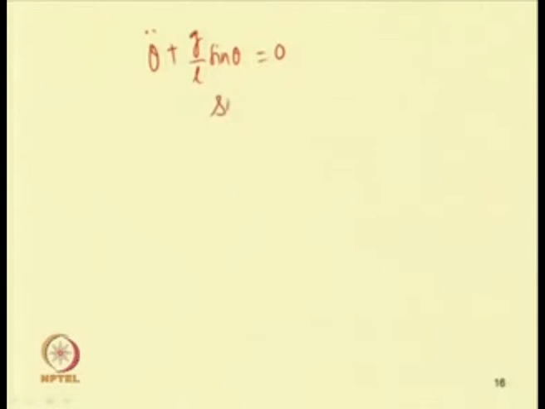So, sin theta equal to 0, or theta equal to 0 or 180 degree. Corresponding to theta equal to 0 this is the position, and corresponding to 180 degree the pendulum is vertically upward.